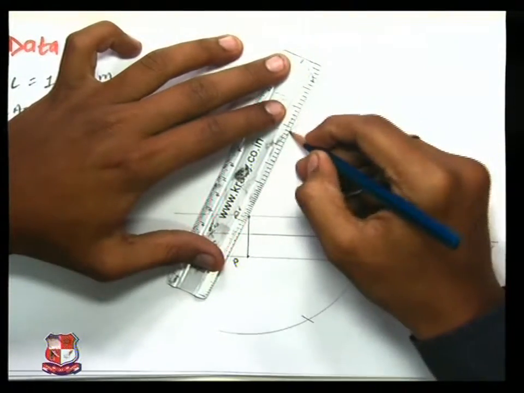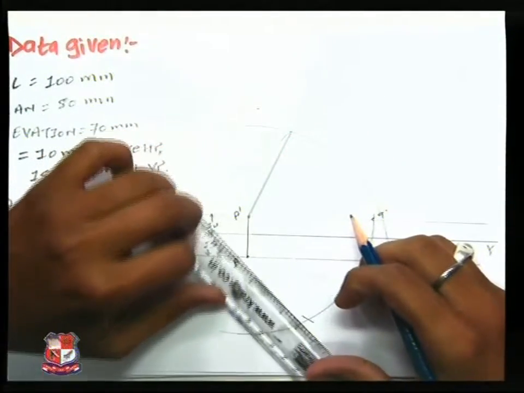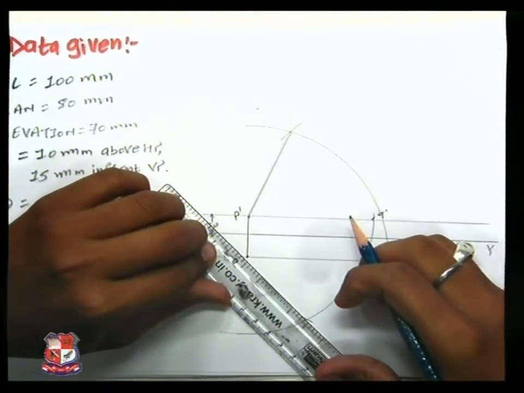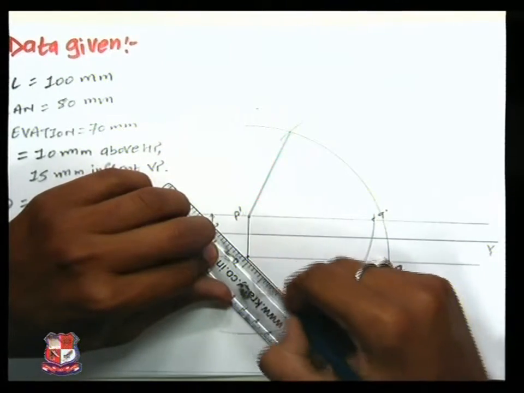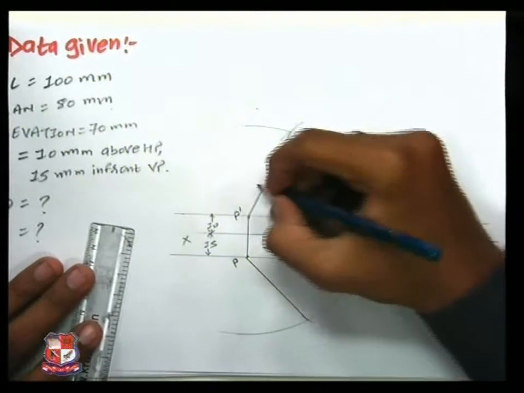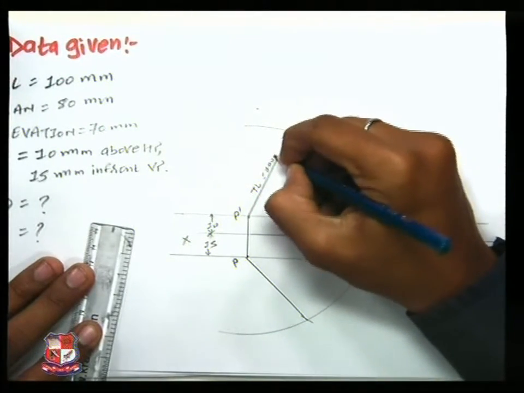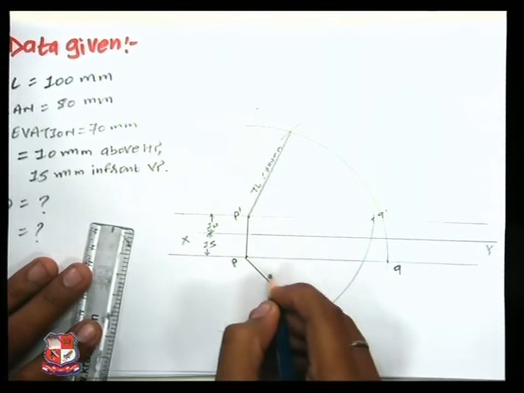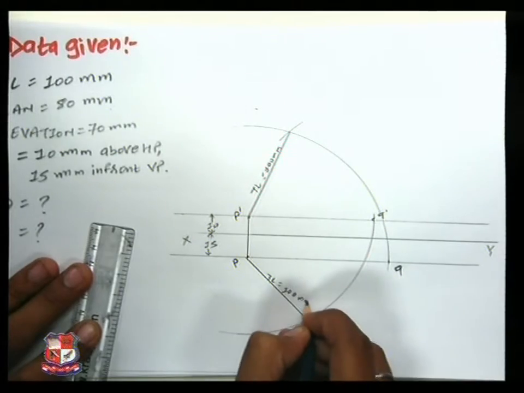We have got our true length on both sides. This is TL equal to 100 mm. This is also true length equal to 100 mm.